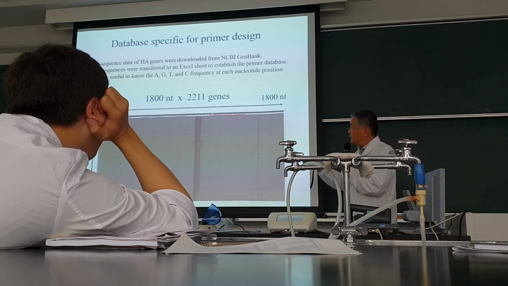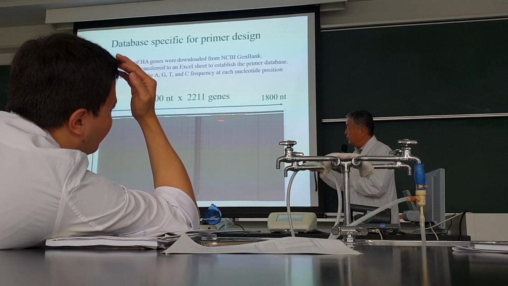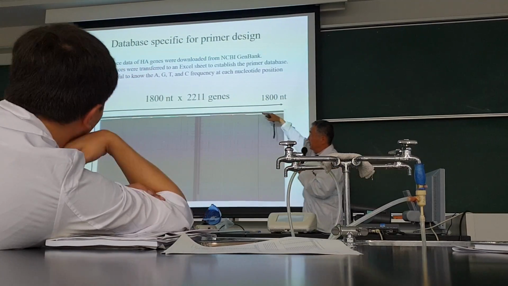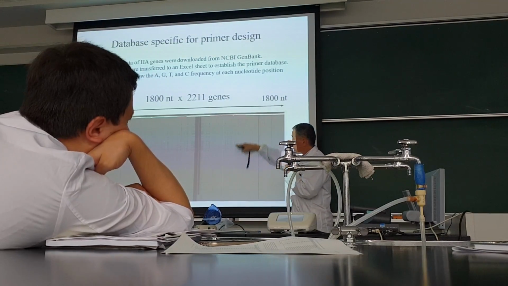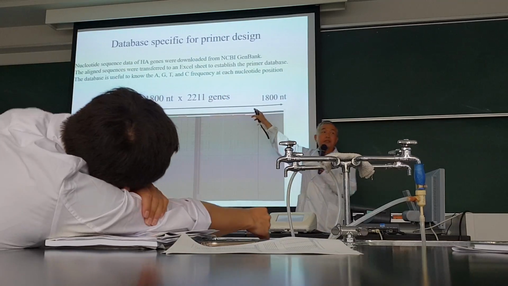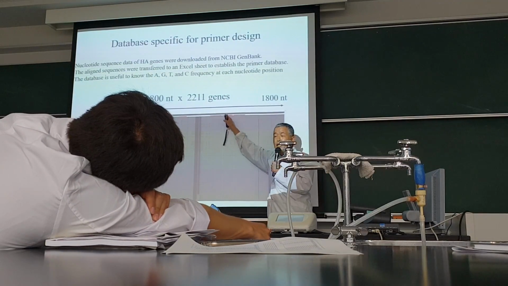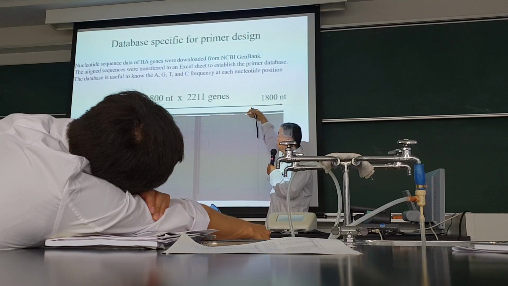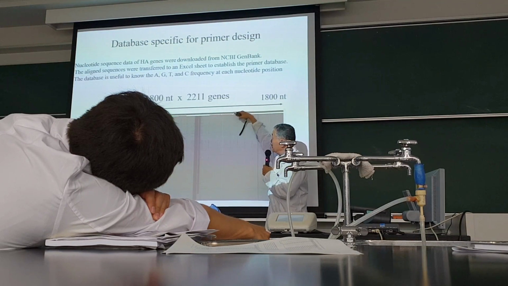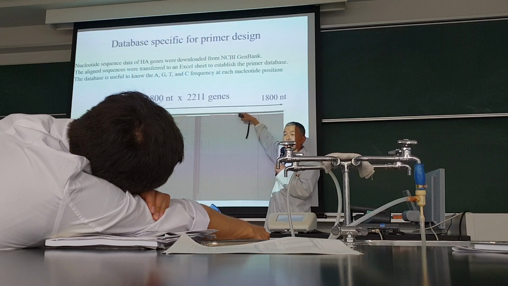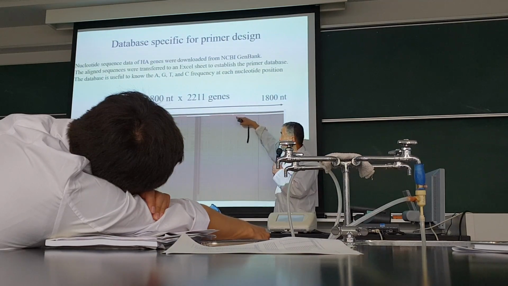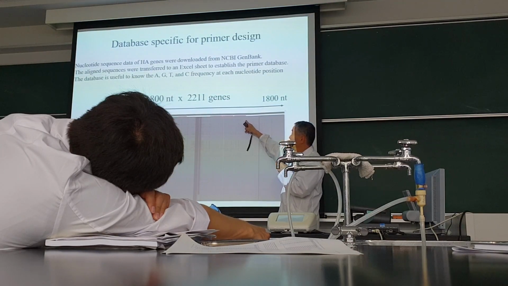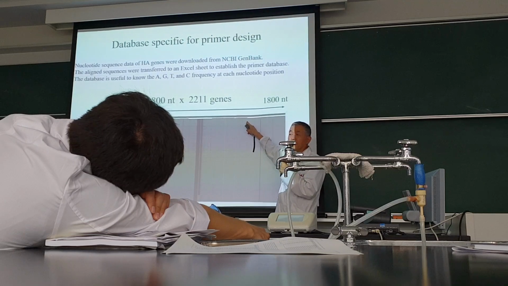When we found some conserved region here, for example, this is the consensus sequence for all of the 2,000 genes. We add the conserved region here and count how many mismatches are present in each strain.